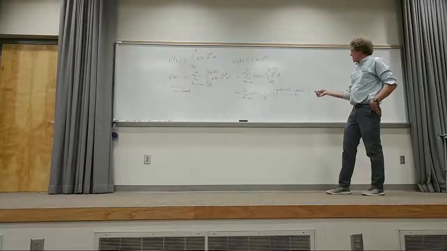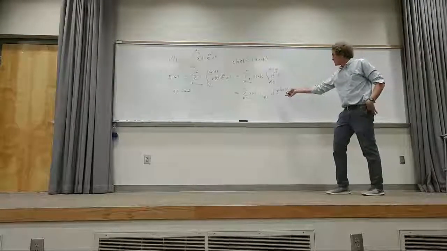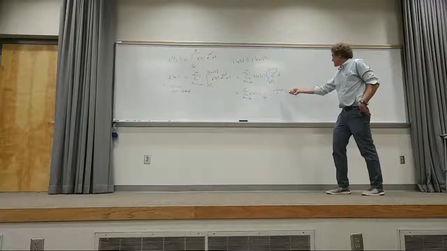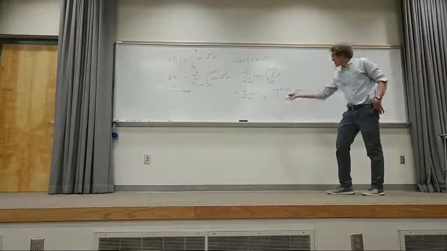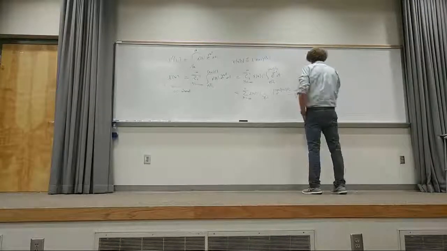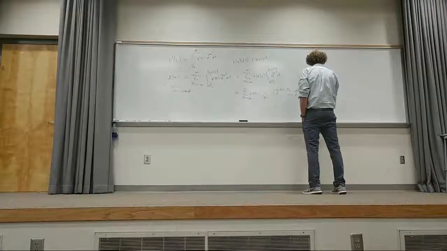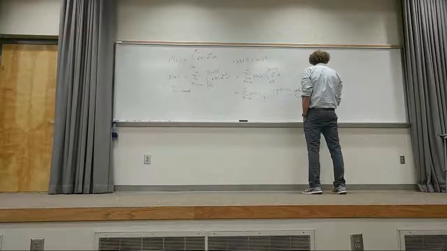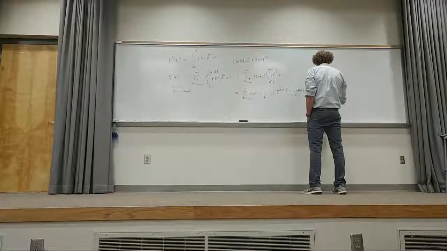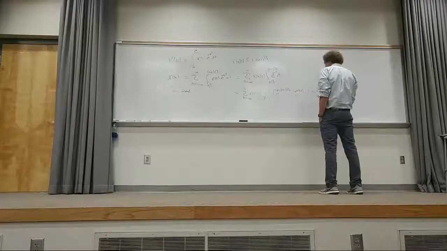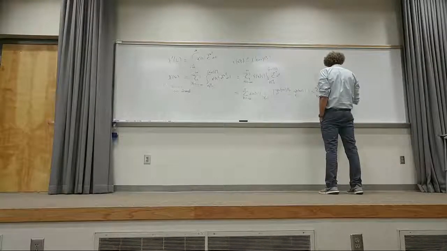Now, you all see I can factor out of both of these terms e to the minus j omega nTs. Do you all see that? Because it exists here and here. So I can say that this is equal to the summation of n equals minus infinity to infinity x of nTs, right there. And then I'm going to factor out the e to the minus j omega nTs here, divided by minus j omega.